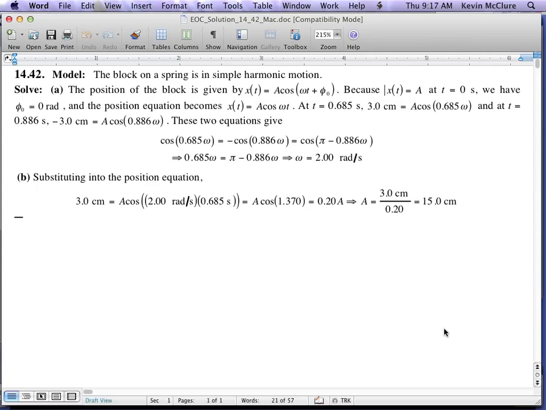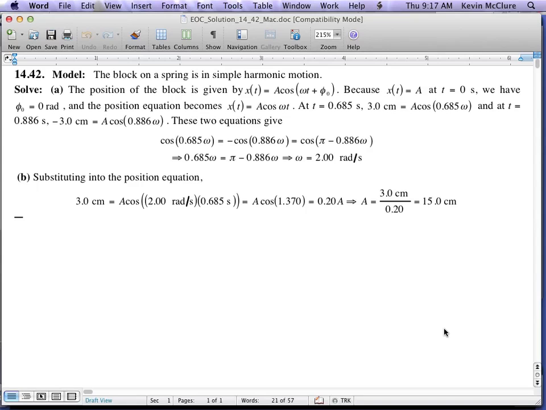Well, I think that's why they did this. Because this is negative cosine of this. So where did you get the pi from? Oh.